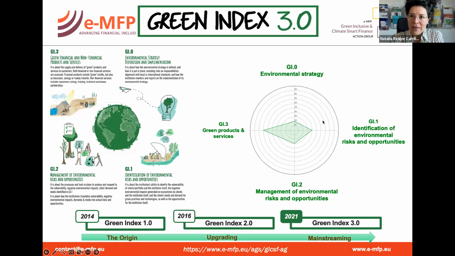Now in its current version, once you fill it out in the digital tool, you have a scoring in each of the dimensions, and this scoring will tell you in which of the dimensions you have more actions or more strategies implemented. It will depend on what your objectives are as an institution, where you are going to focus.